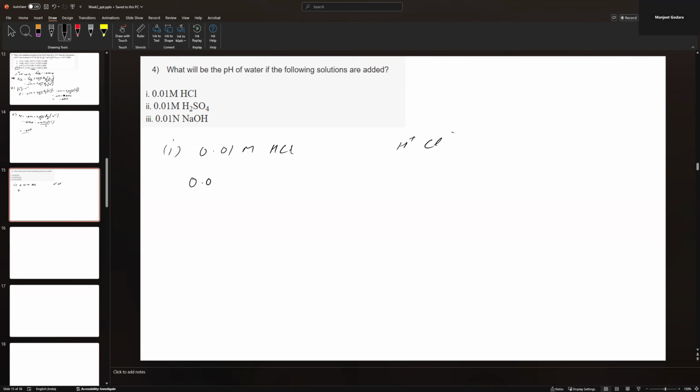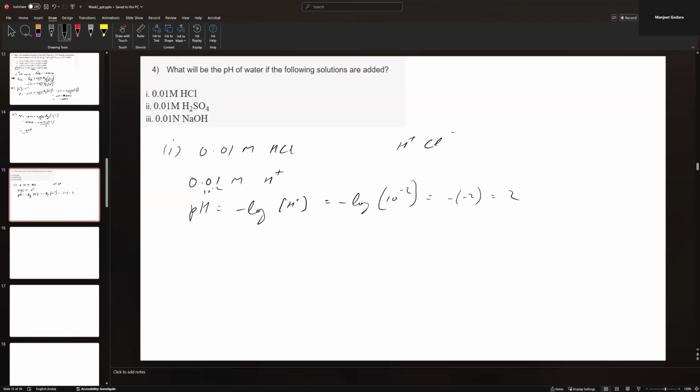We get 0.01 molar concentration of H plus ion. So pH is equal to minus log of H plus ion concentration, which is minus log of 10 to the power minus 2, which is 2. pH is 2.